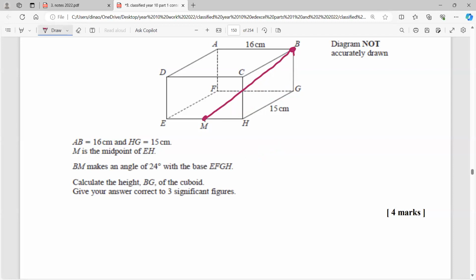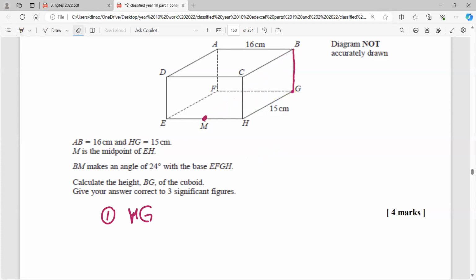I give 1, 2, 3, and I'll go back to 4. Why 4? The 4 means that step number 1 must be immediate calculation of this diagonal over here, the highlighted yellow.